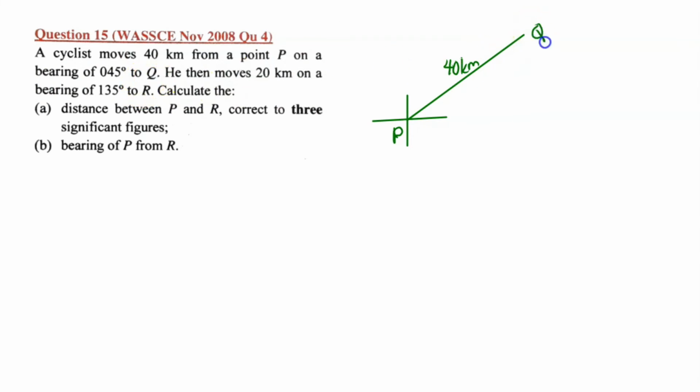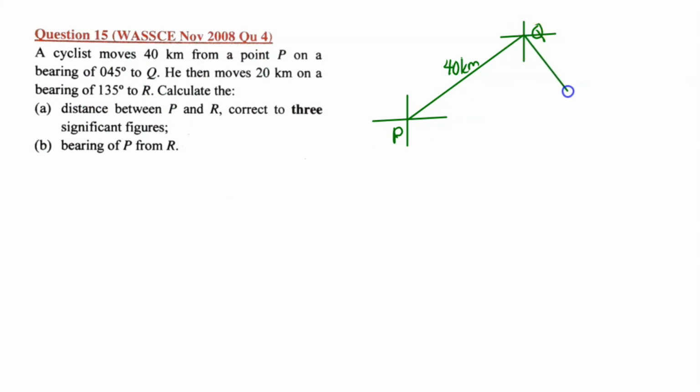The cyclist moved on this terminal line to Q. Then he moves 20 kilometers on a bearing of 135 degrees. We need to draw our cardinal points at Q, so I've drawn my north to south pole and my east to west pole here. Having 135 degrees, which we find in the fourth quadrant, we have it here.